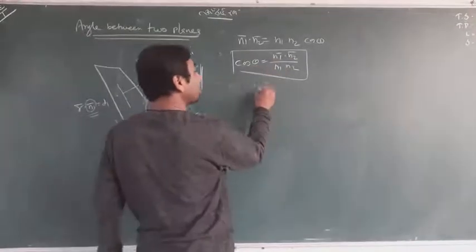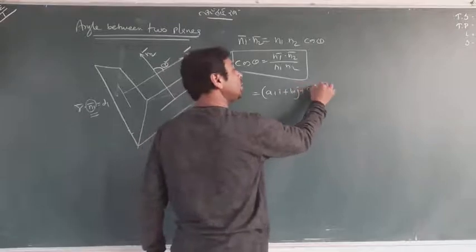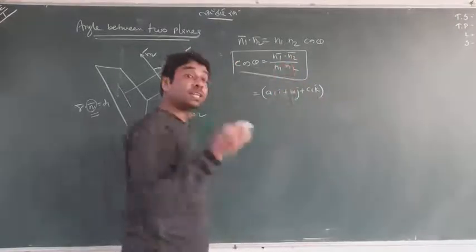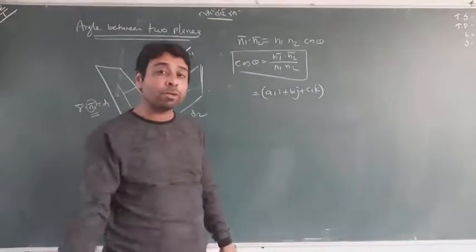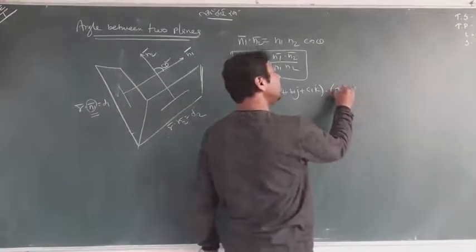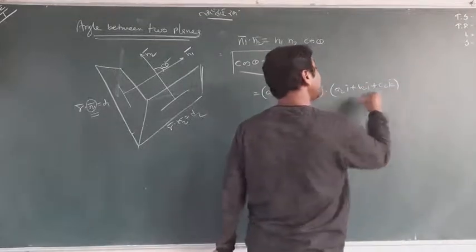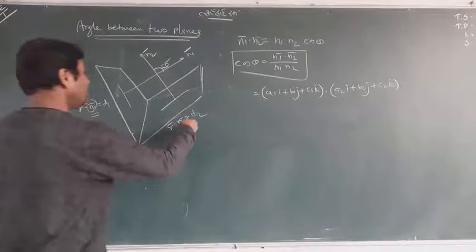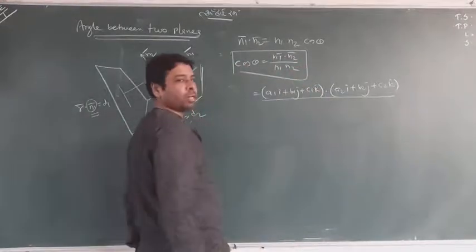So n1 will be a1 i, b1 j, c1 k, because n1 contains the ratios of the normal of the first plane. Dot a2 i, b2 j, c2 k, where a2, b2, c2 are the normal ratios of the second plane, upon mod n1 mod n2.